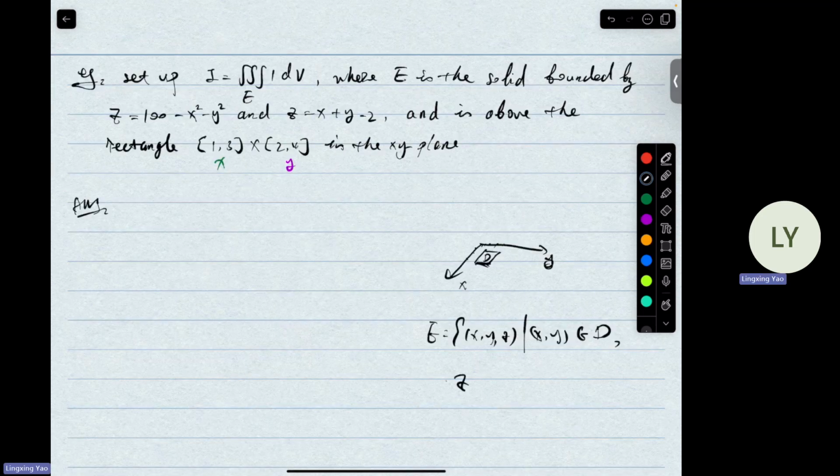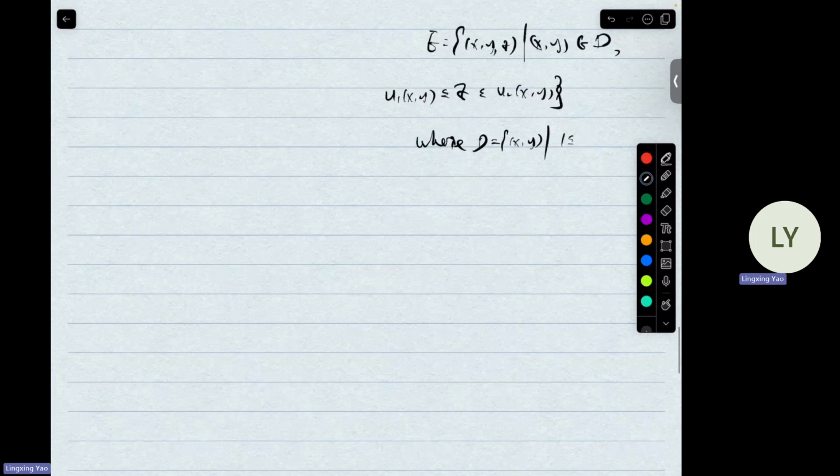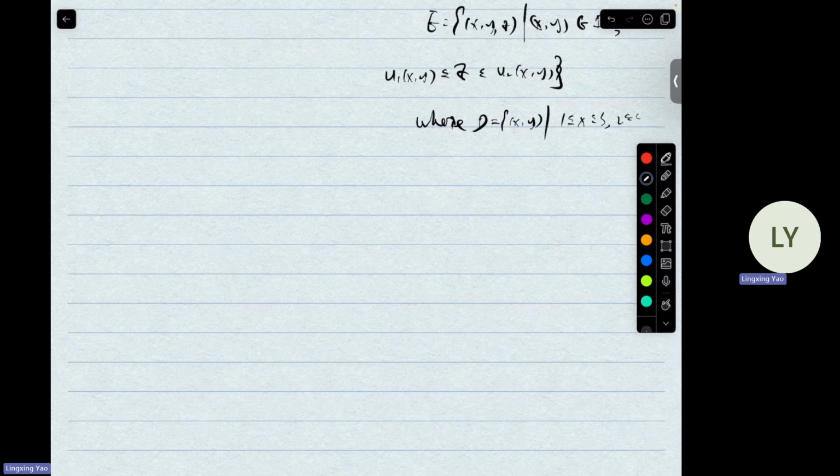And then the z variable will be determined by what? By two curves, u1(x, y) and u2(x, y), as the notation we have. And here this D is the rectangle. x is between 1 and 3, and y is between 2 and 4.